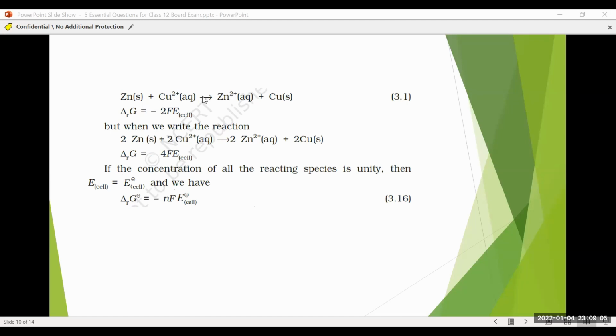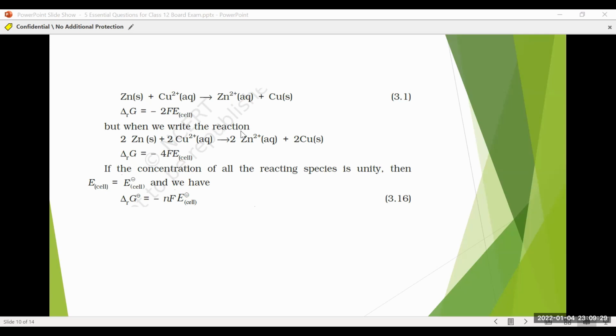So, two electron give and take is there. Zinc loses 2 electrons, copper gains 2 electrons. Therefore, the requirement of charge is 2F. The potential difference is E cell. It is other than standard, so we are not writing E naught cell, it is E cell, 2F E cell.